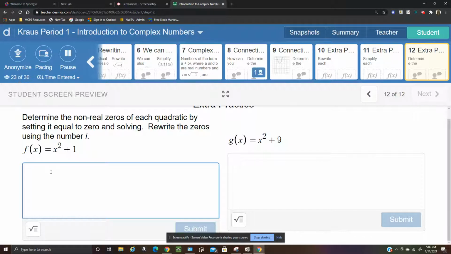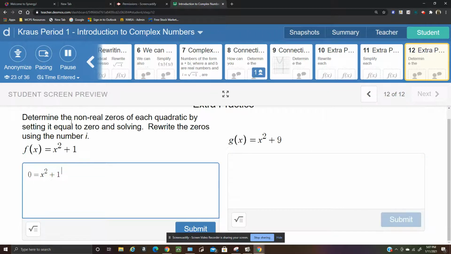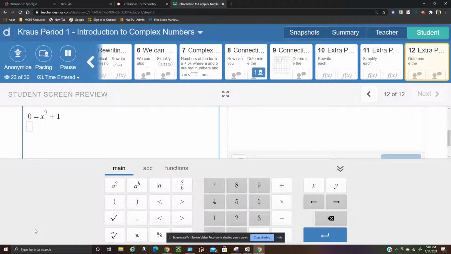So 0 equals x squared plus 1. Subtracting 1 from both sides. And negative 1 equals x squared.